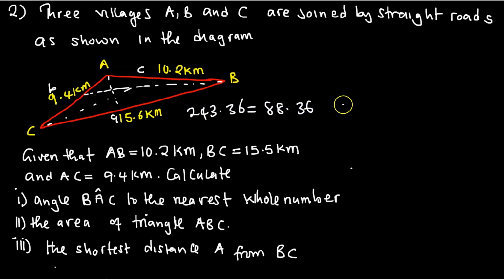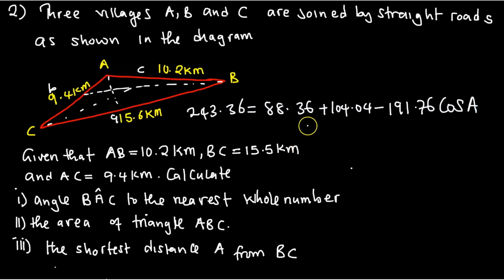Be able to confirm these numbers. Then 10.2 square has given me 104.04. Then we have minus 2 multiplied by 9.4 multiplied by 10.2. This whole product has given me 191.76. Now we have cos A.